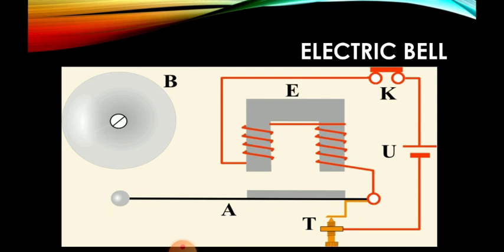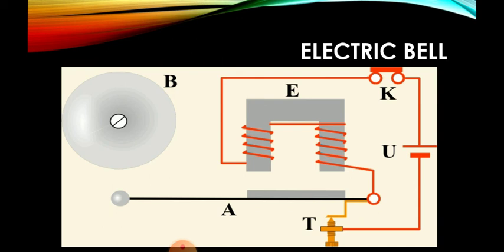And this process will go on repeating till the switch of the electric bell is released. So this is how the sound, that trrr, is coming. Trrr, t means the bell is ringing. R means it is getting split.